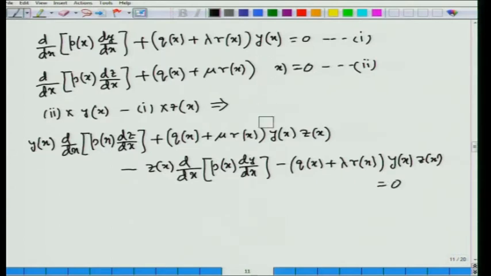Here in equation 2, this will be actually z(x).